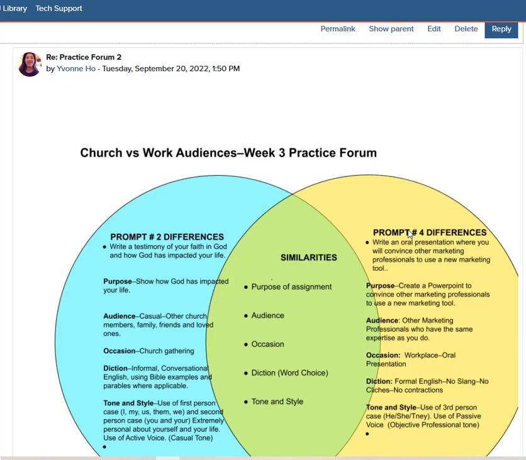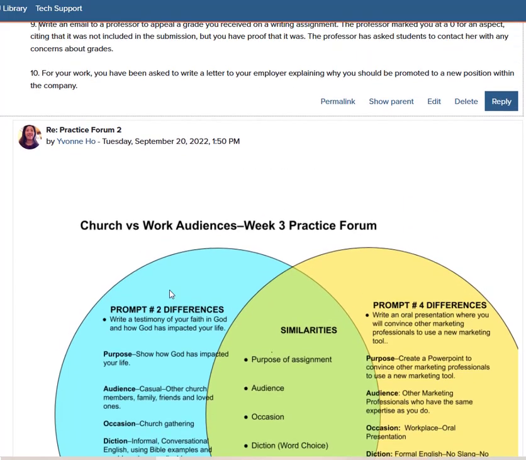I'm going to speak English so other Americans can understand what I'm saying, and I'm going to speak formal English so that people can see that I'm a professional. So basically that's the purpose of this assignment: Chinese at home, English at work if you're bilingual, or informal English at home and then formal English at work.